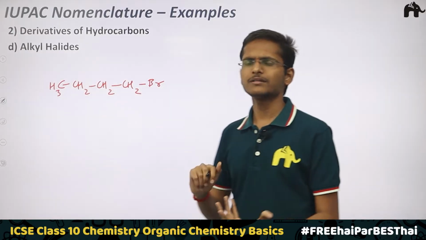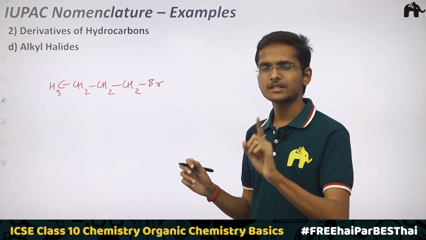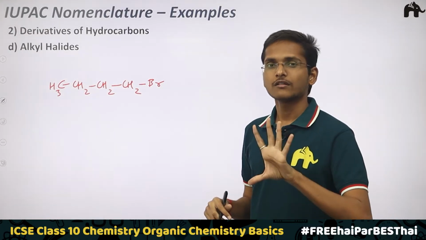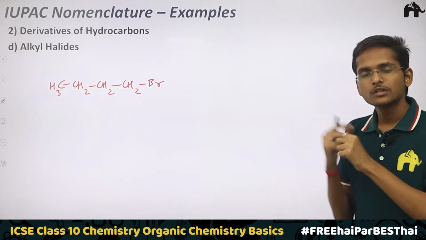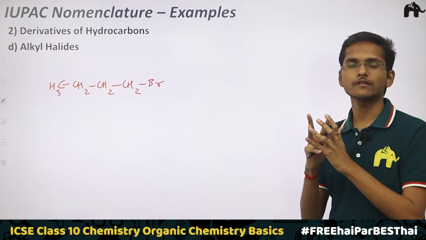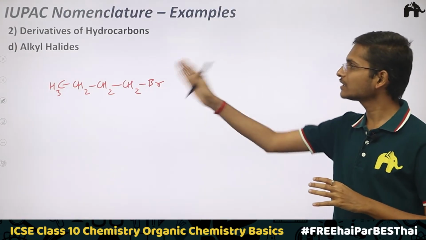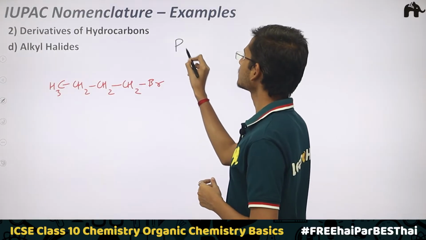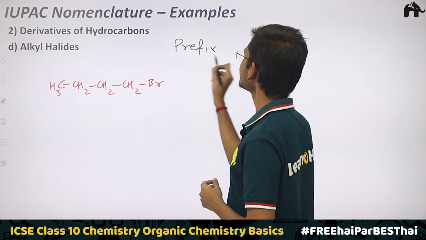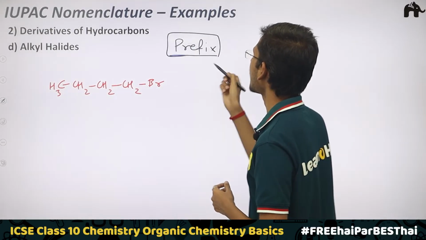It's very simple, very easy, but there is just one change. What we do for the functional groups is include whatever part of the functional group is there as the suffix, but when the halide is the functional group, we always denote the halides as a prefix. And how do we denote it?